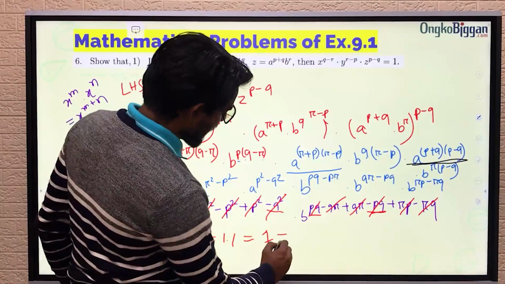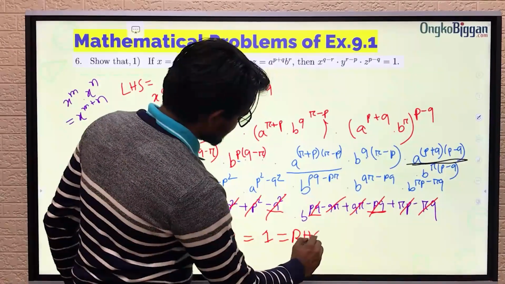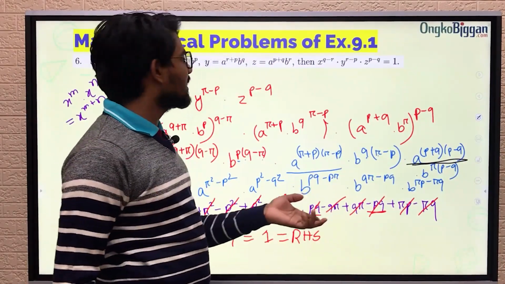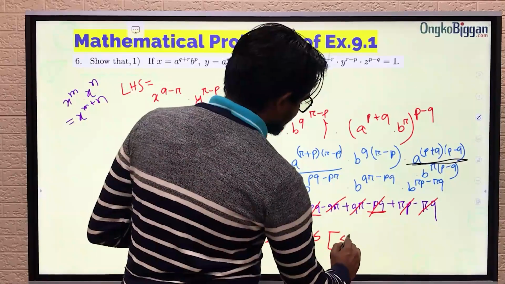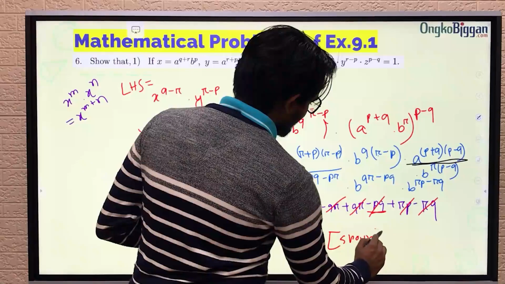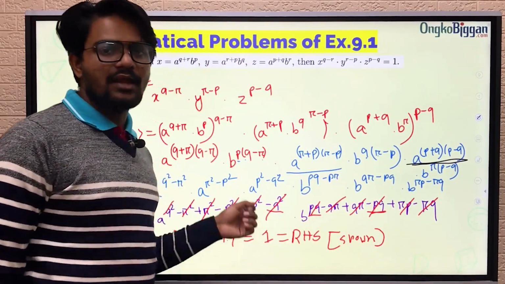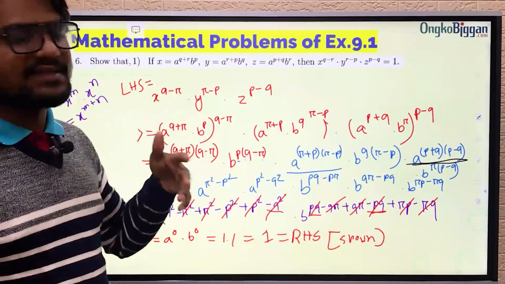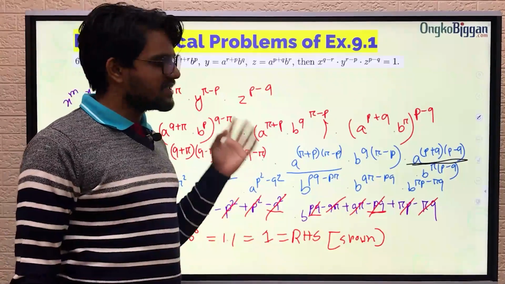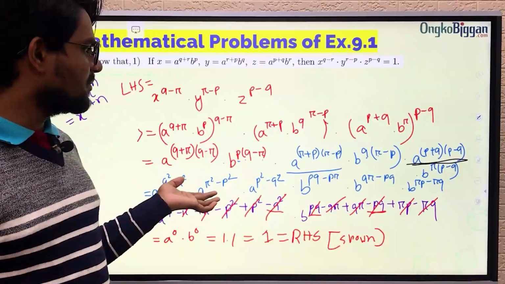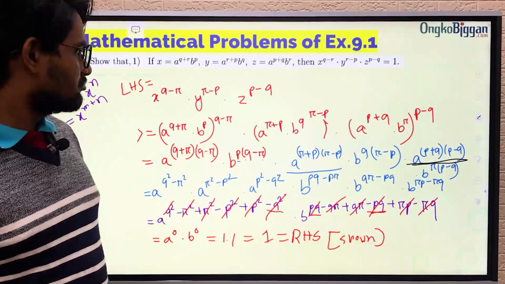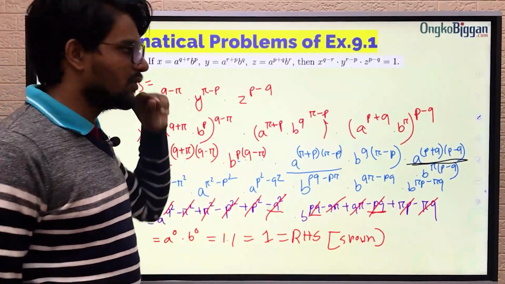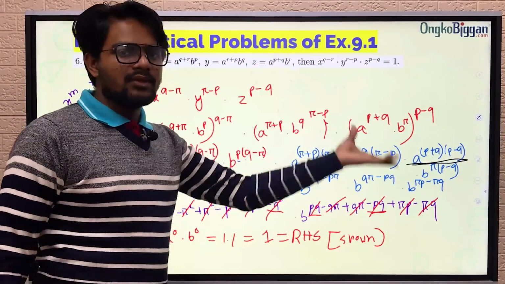We can write it as right hand side, and we can finally write shown. I have shown that I can do this math and I have reached the right hand side. So this is how you do this math. This is only one way, I guess, and it's a simple way, so I don't think you need another way to do this math.